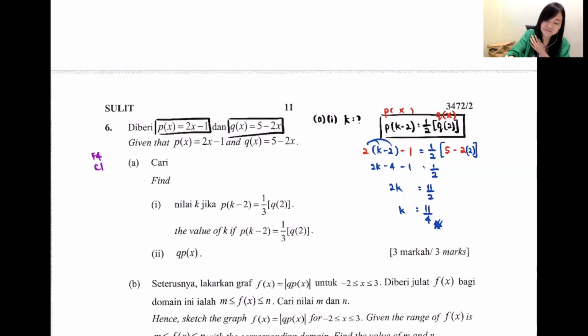Oh, sorry, my dear. Guys, this part they write 3. I copied down 2. That is my mistake lah. Okay, I change it. Right now, because it's not a live class, that's the reason I'm scared I will make some mistakes.